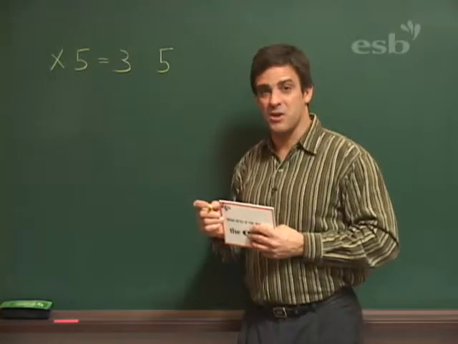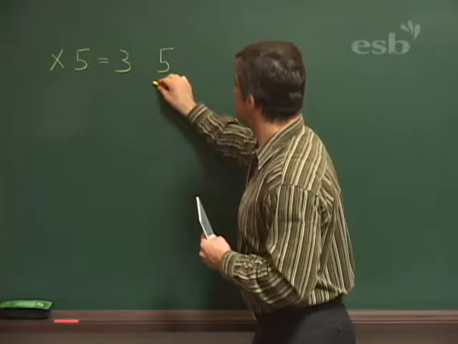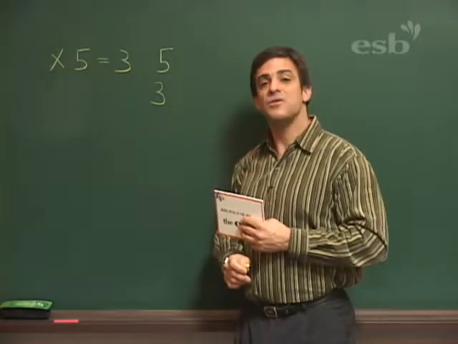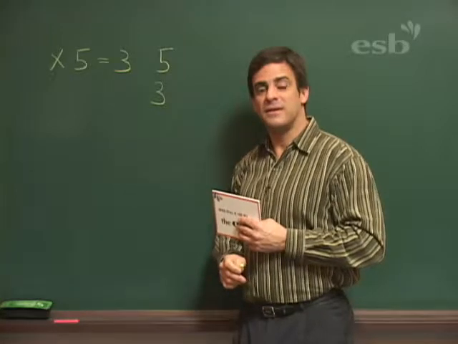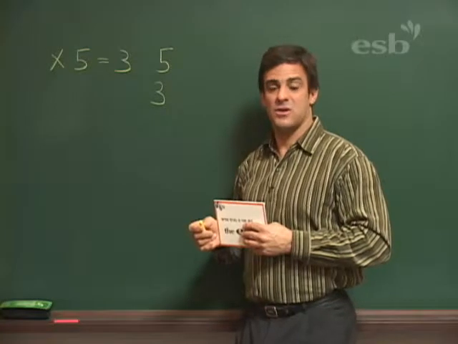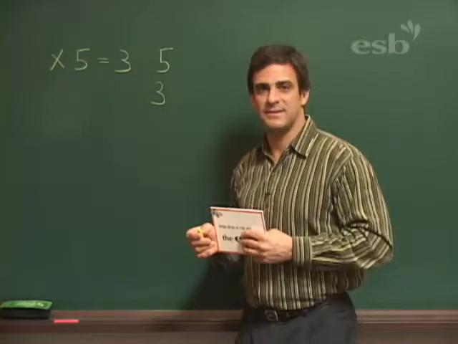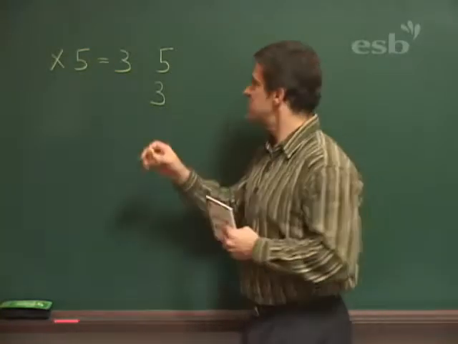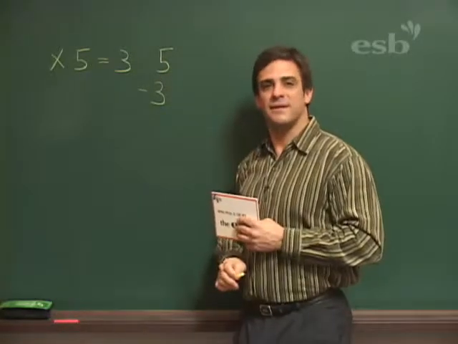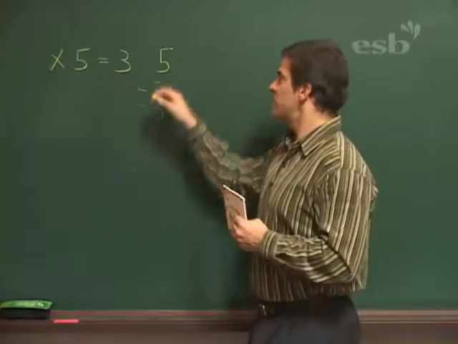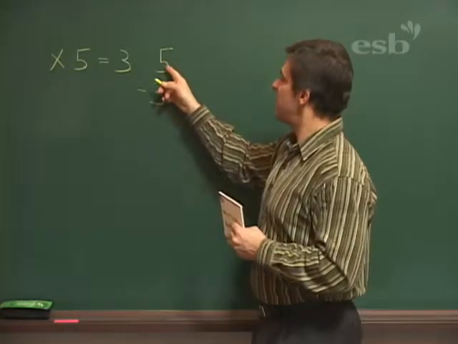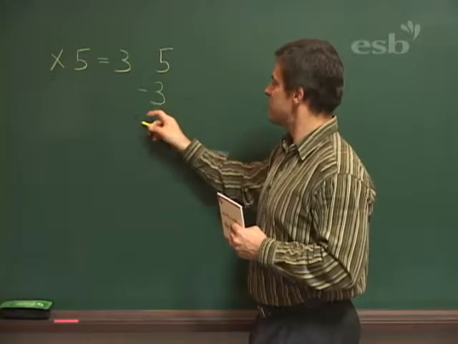Which number is smaller? 3 is smaller. Now, we need to find the difference. So we subtract. Subtraction uses a minus sign. Now we have a subtraction problem. 5 minus 3.